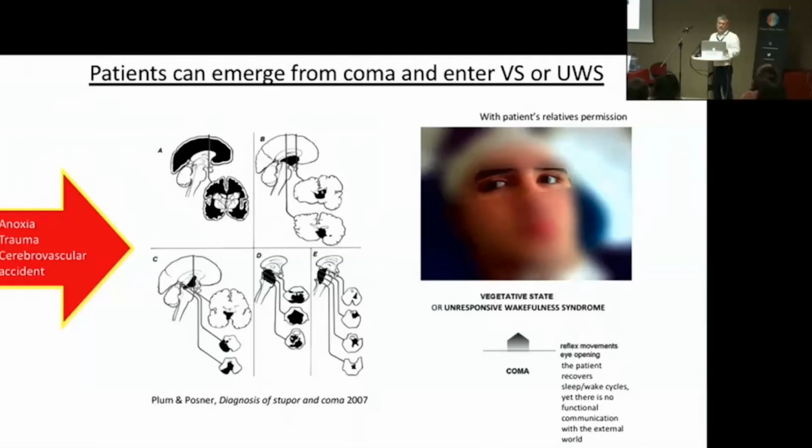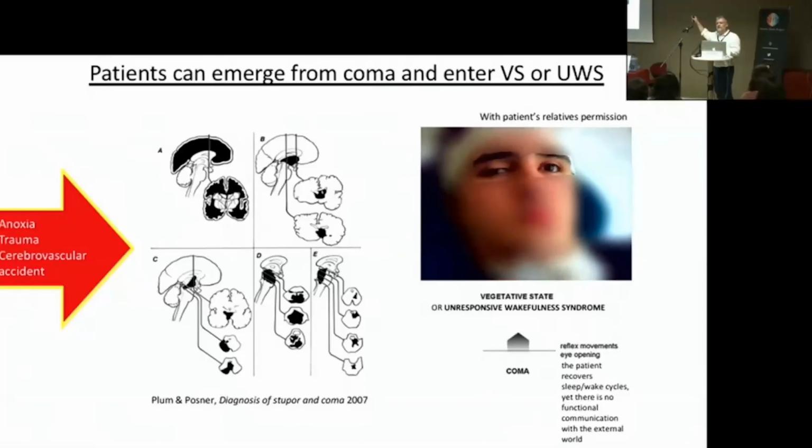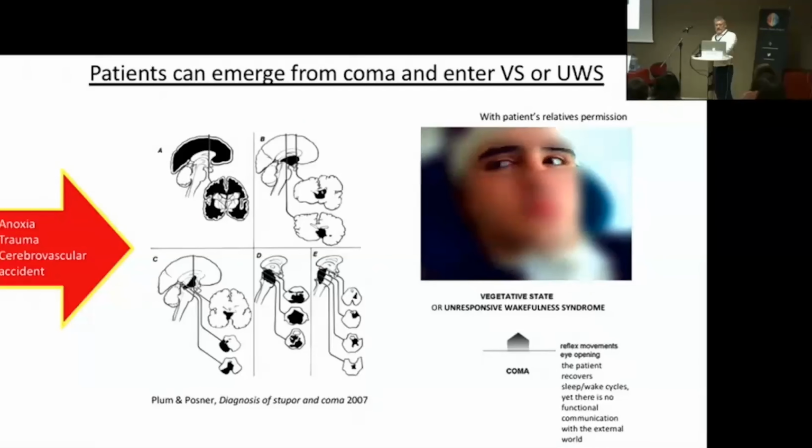It is the same patient, and it will be the same patient also for some of the measurements I'm going to show in a while. The patient also recovers some sleep-wake cycles.